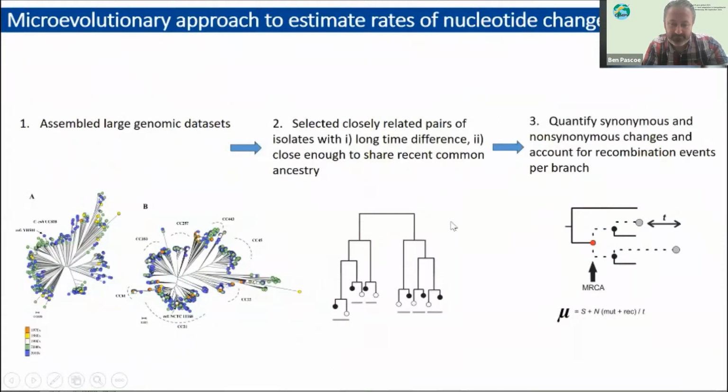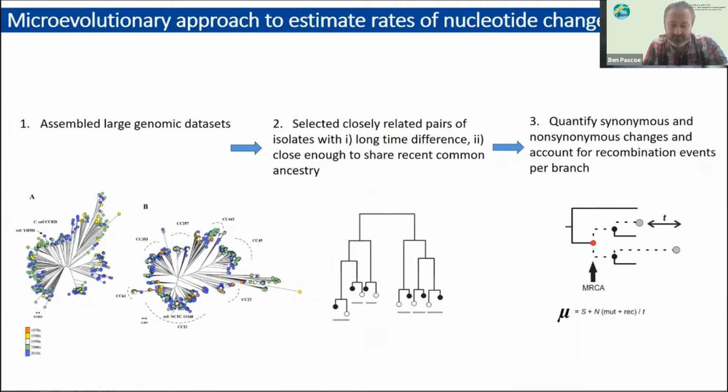We decided to use a microevolutionary approach to estimating mutation rates of nucleotide change. After we collected the large genomic data sets, we assembled these and built trees. Then we looked within these trees to identify closely related pairs of isolates.